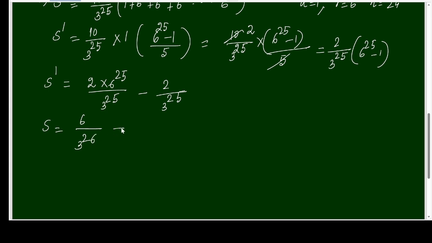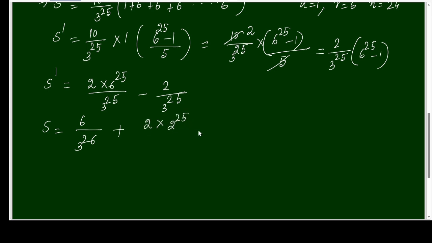Now plus all these terms, so this will be 2 into 6 to the power 25. I can write 2 into 2 to the power 25 multiplied by 3 to the power 25 over 3 to the power 25, because 6 is 2 into 3, minus 2 over 3 to the power 25.